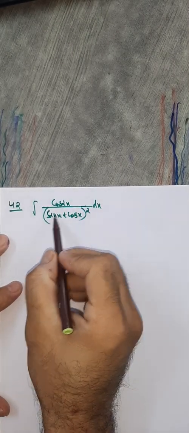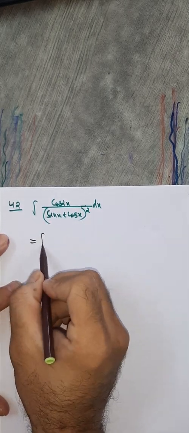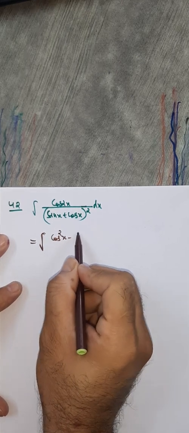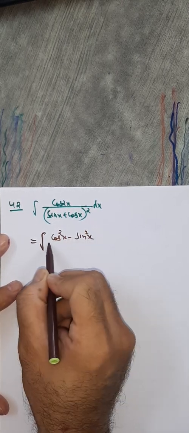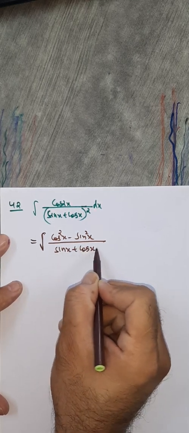So here we have cos 2x over sin x plus cos x. We use the formula of cos 2x in terms of cos and sin, which is cos square x minus sin square x, upon sin x plus cos x the whole square.